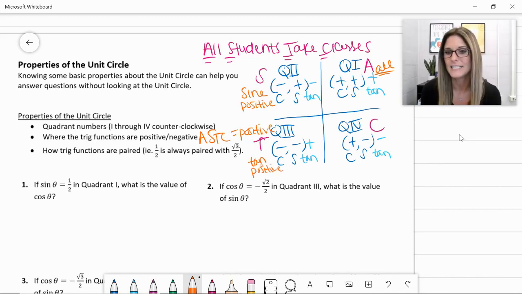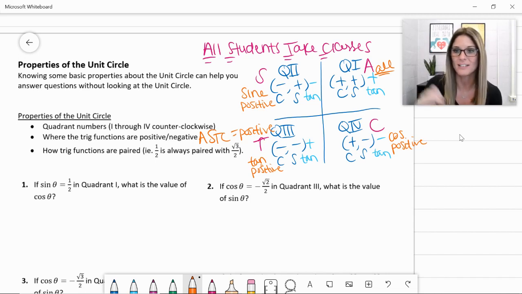And in the fourth quadrant, C stands for cosine is the only one that is positive. The rest are negative. So if you can remember, ASTC is in order of your quadrants. All students take classes is where the trig functions are positive. All of them in the first quadrant, only sine in the second, only tangent in the third, and only cosine in the fourth. That takes care of our second bullet point.